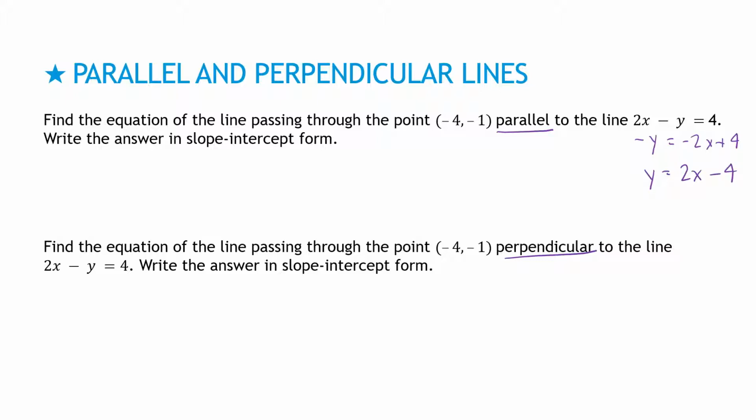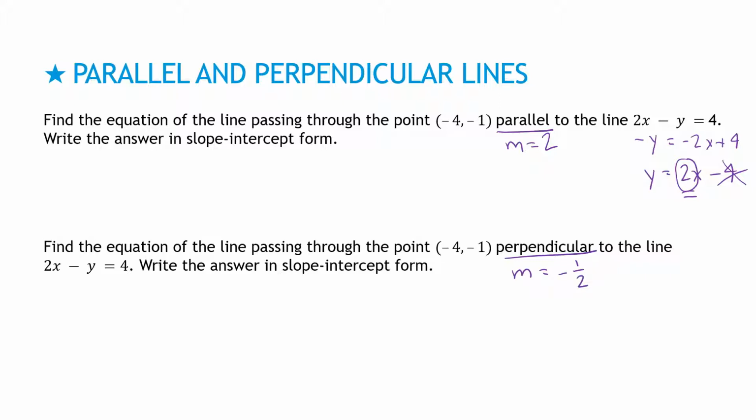Now again, I don't care about the minus 4, I only care about the 2. So for my parallel line, I'm using a slope of 2 that is equal to the slope of the existing line. For my perpendicular slope, I'm going to use the opposite reciprocal, so I'm going to flip 2 over, and I'm going to change the sign.